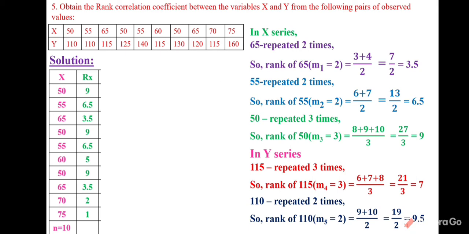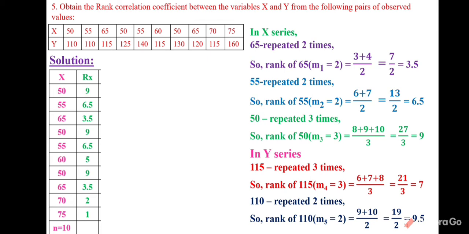Again I'll repeat. The highest X value is 75, rank 1. Then the next highest is 65, written 2 times. The two ranks to be given are 3 and 4. 3 plus 4 divided by 2, 7 by 2, is 3.5. So 65 will be given 3.5.